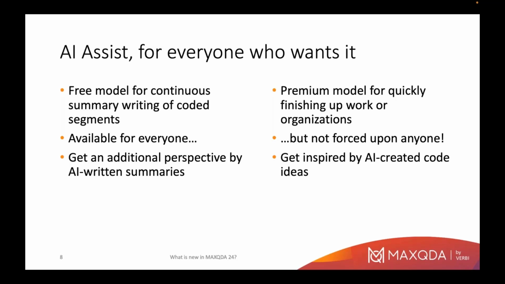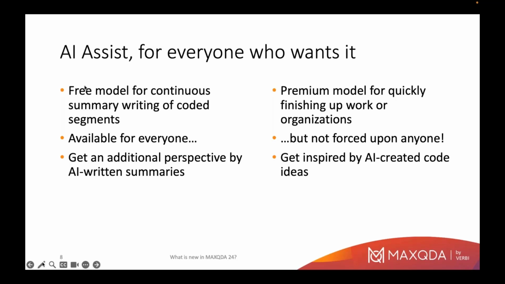However, this model is only available for certain licenses. For example, with the student license, as far as I know, at the moment you can only use the free version. If you have any kind of institutional license, 3-year license, 5-year license, something like that, you can additionally buy an unlimited amount of AI support.